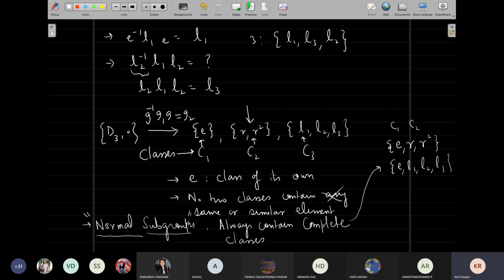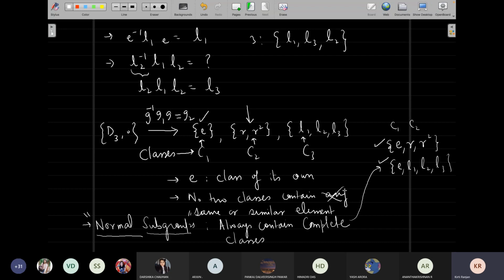In case you are going to form normal subgroups out of the classes, the only possibility is that those subgroups will always contain complete classes, and surely the identity element has to be added to that class. Without identity element, you cannot even form a subgroup. So this E, R, R square and this E, L1, L2, L3 is the only possibility for the normal subgroups, and there exists no other possibility.